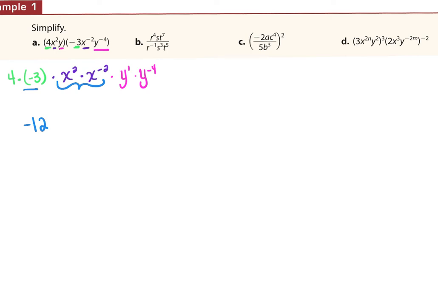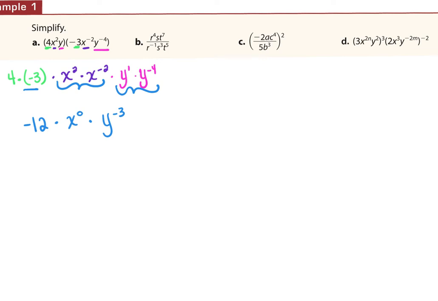What should I do with those exponents? So what is 2 plus -2? 0. And we're going to talk about that property in a second. All right, same thing here, like bases. So I should add them. 1 plus -4. What is 1 plus -4? It is -3.